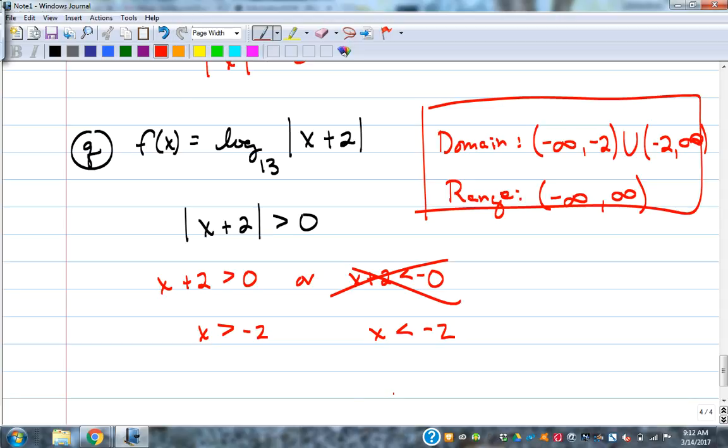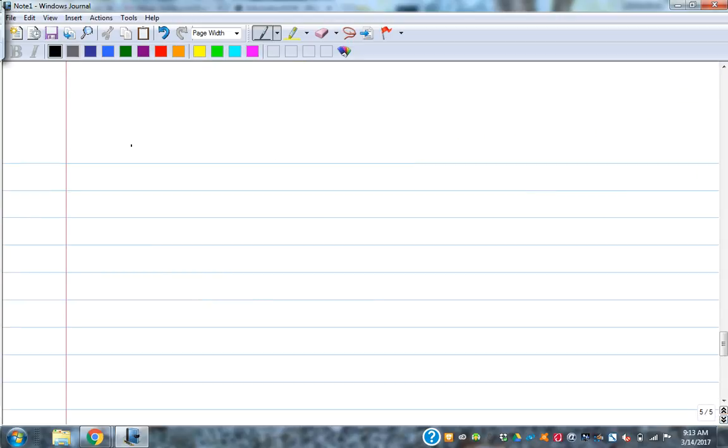Because there's no such thing as -0. But you just got to know, if this gets below 0, it's negative, but it's inside an absolute value, so that cancels out the negative part. So we just need to know, when is it going to be 0 when it's an absolute value in there? At -2 is really what we're looking for. All right, let's solve some equations.